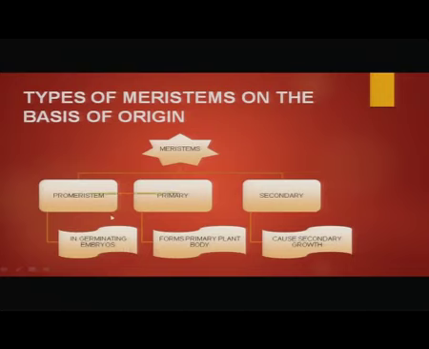Some of these cells give rise to the primary meristem also. The primary meristem in turn divides to form the primary plant body, the young plant body, and some of the cells of the primary meristem give rise to secondary meristem during later periods of growth. The secondary meristem is also very important, because it causes the secondary growth, the wood formation.